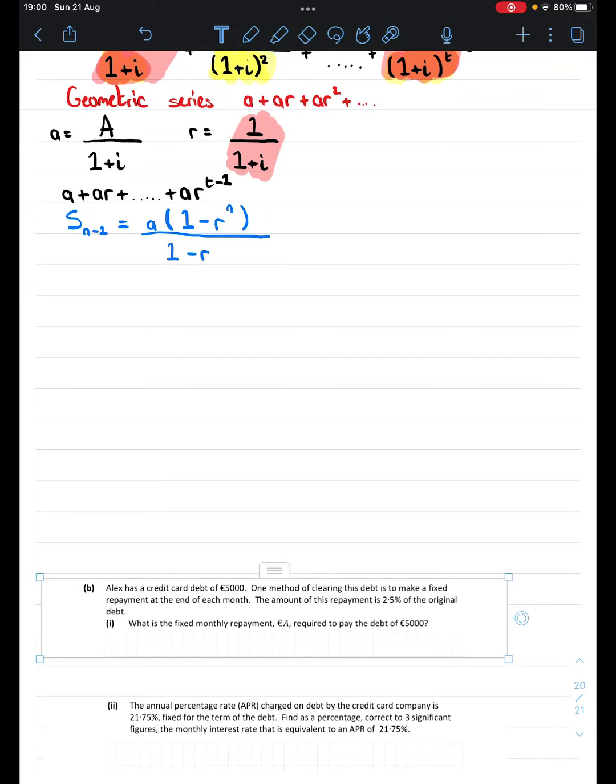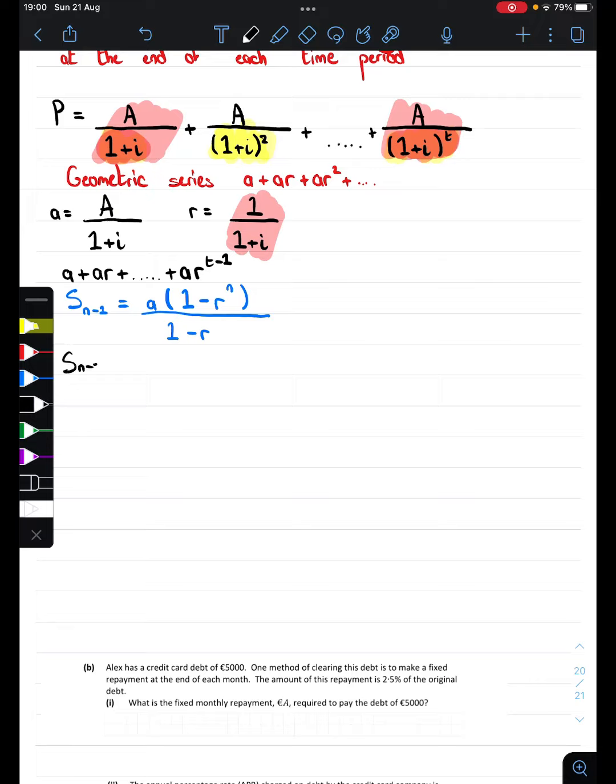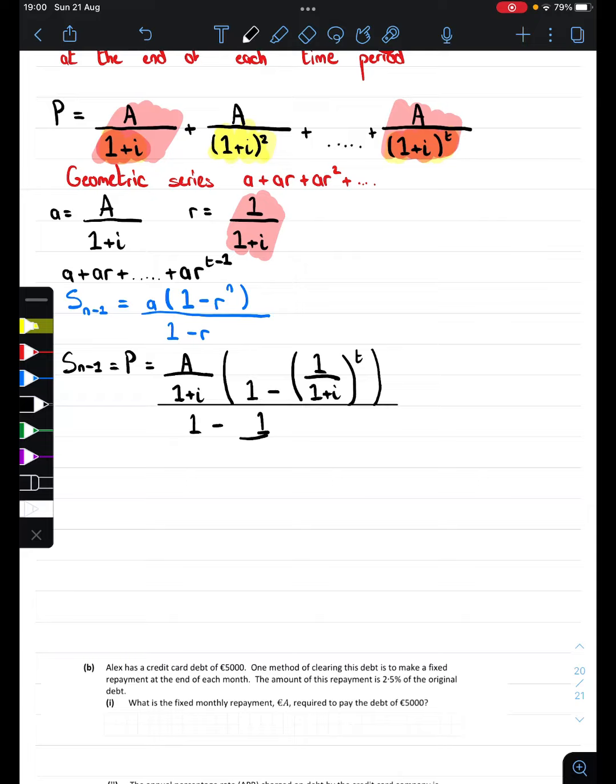So this sum, which is S of n minus 1, this sum, which is just P, how much we're paying back, equals a, which is big A over 1 plus I, by 1 minus the ratio to the power of the number of terms, 1 minus 1 over 1 plus I to the number of terms, there are T terms, all over 1 minus the ratio, 1 minus 1 over 1 plus I.